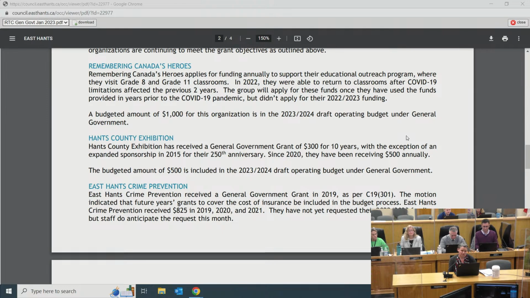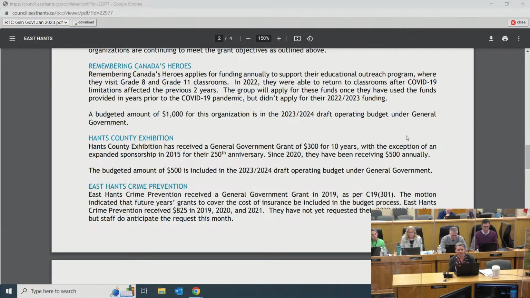Remembering Canadian Heroes is a group that uses our funds to specifically speak to grade 8 and grade 11 classrooms just in East Hants. They also do this in other parts of the municipality. They budget based on what it costs to go and do these presentations. And during COVID, they didn't get their presentations done.